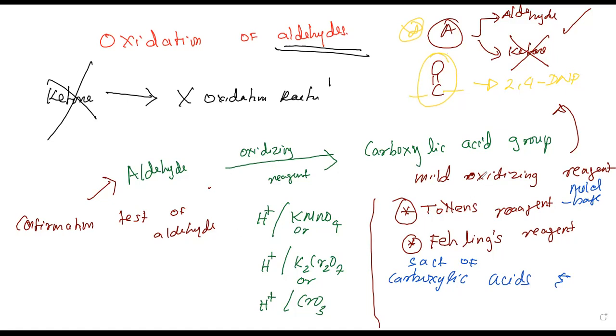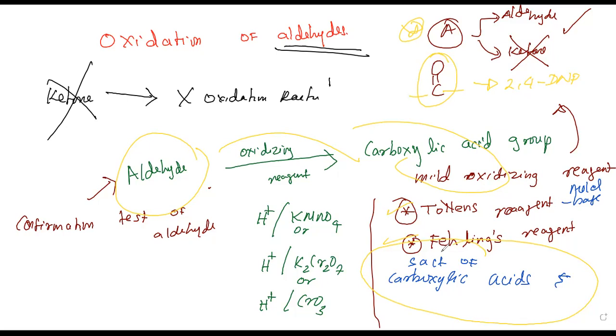And there is also a mild oxidizing reagent that is based on what? The base. One is the Tollens reagent, another is the Fehling reagent. When you oxidize the aldehyde, you will end up with the carboxylic acid. But once you use the mild oxidizing reagent, you will end up with the salt of the carboxylic acid. Are you all clear?